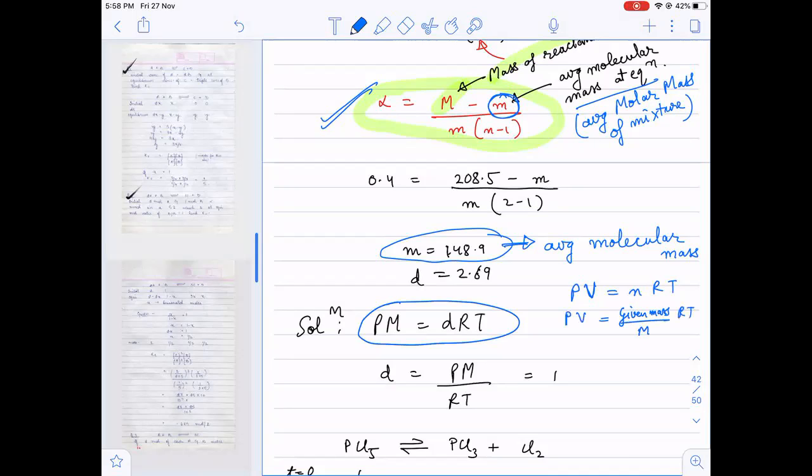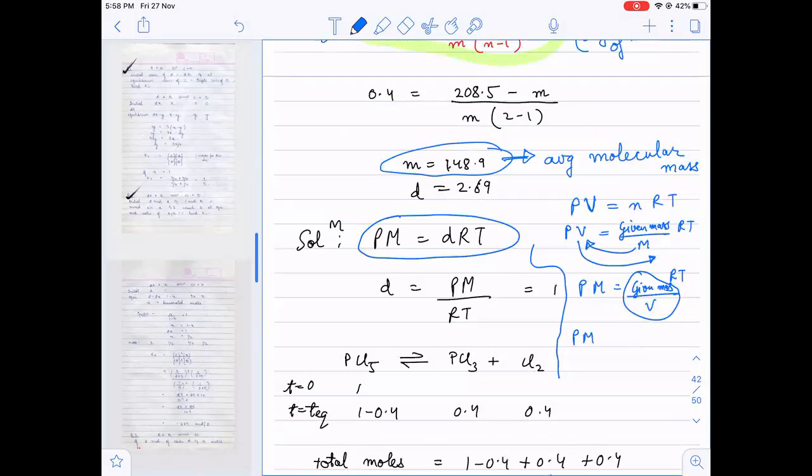Then what can I do? I will shift this M here and bring this V down here. So what can I get? I can get Pm is equal to given mass divided by volume, and this thing is density. So P into M, where M is molar mass, not any mass, but molar mass, is equal to dRT.